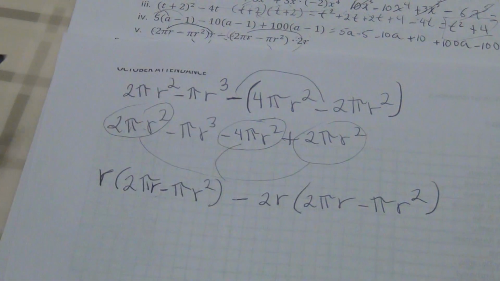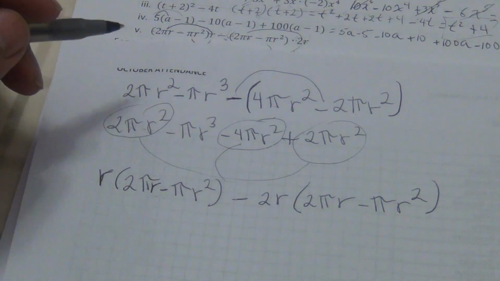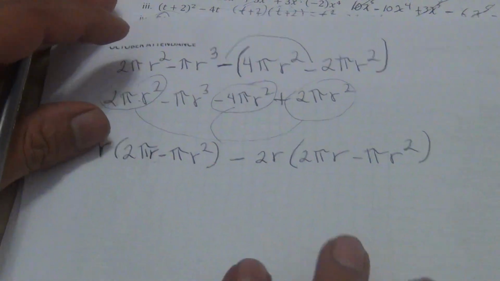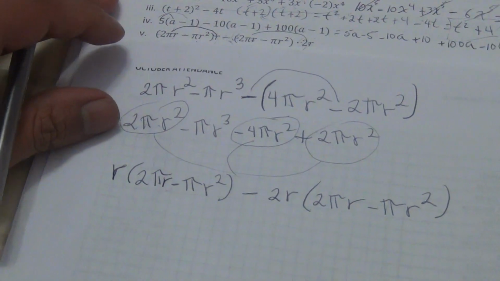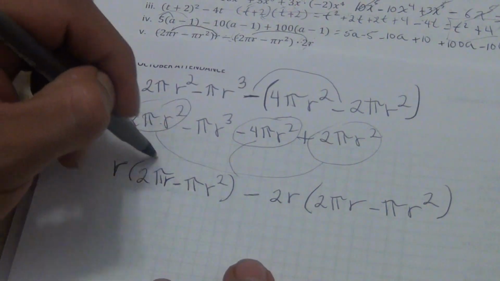Okay. Let's see where my mistake was, because if I made a mistake, I made a mistake. I'm not perfect. So r times 2r squared.